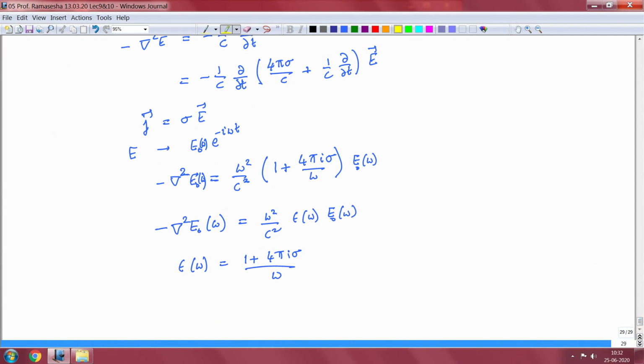So this I can write it in the form 1 plus 4 pi I sigma naught divided by 1 minus I omega tau, times omega.